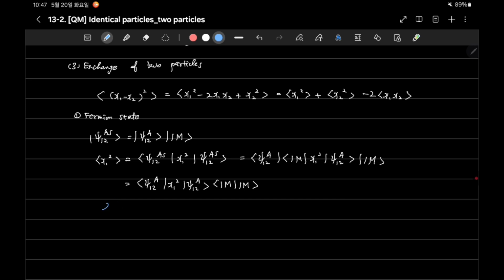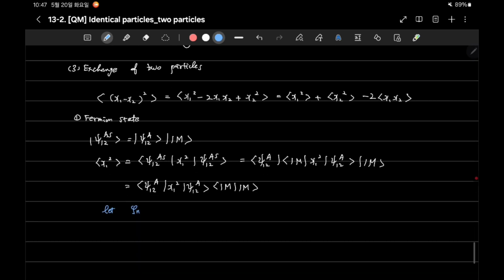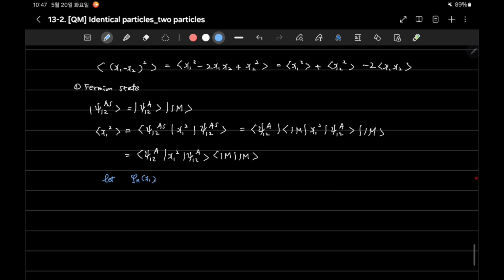Here let's denote that phi n at x1 is one particle at the quantum state n.